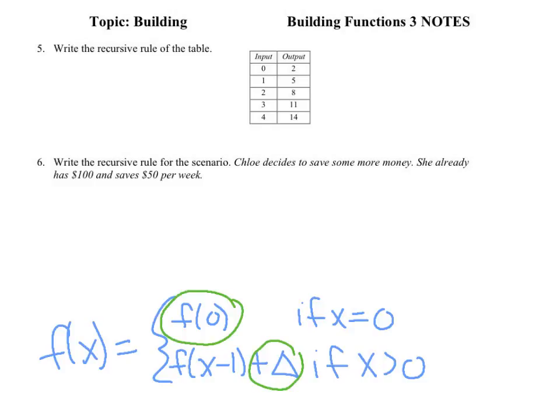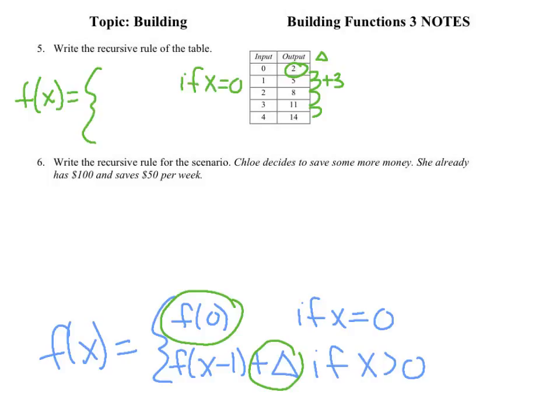So, let's take a look at the table. My f of 0 is 2. Now remember to find my delta, in other words my slope, I need to add 3 to all of my outputs. So, let's write the recursive function for this one. It's going to be f of x. I'm just going to write down everything that stays the same.